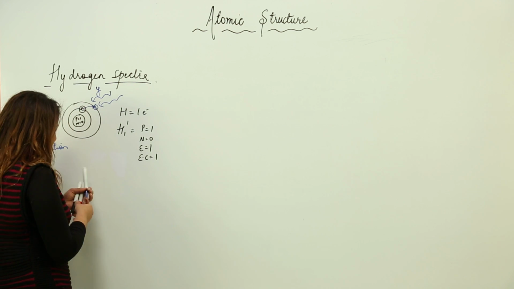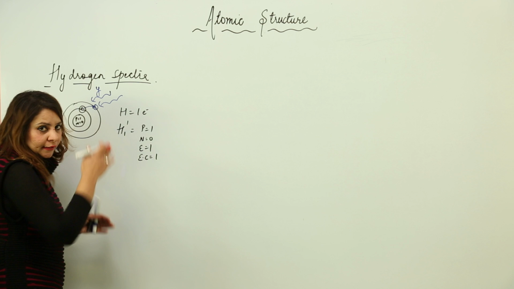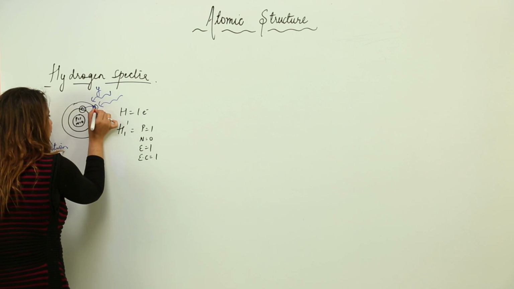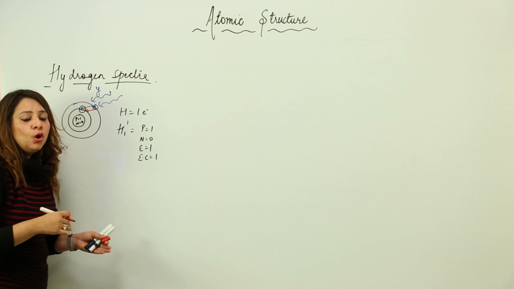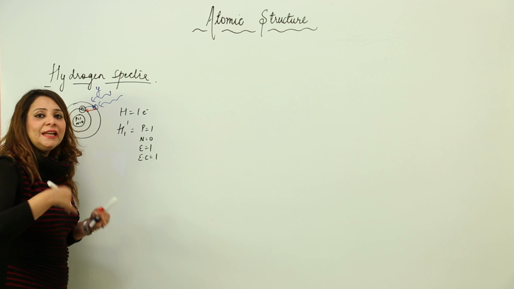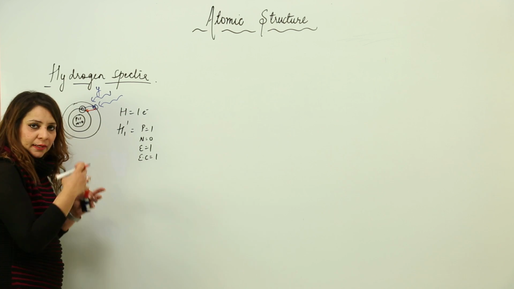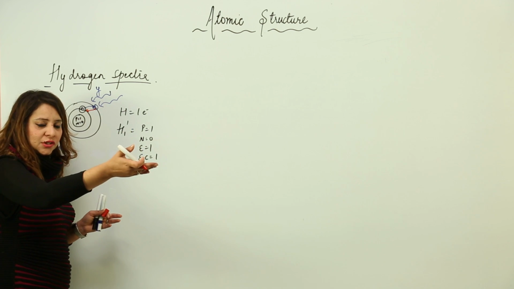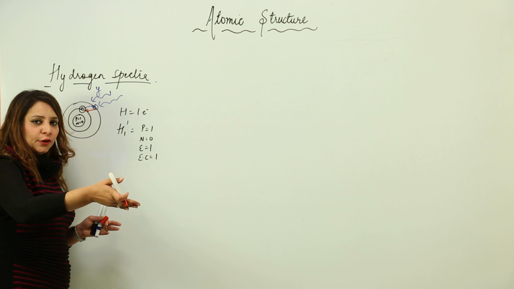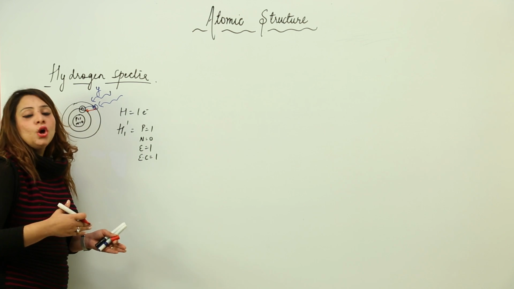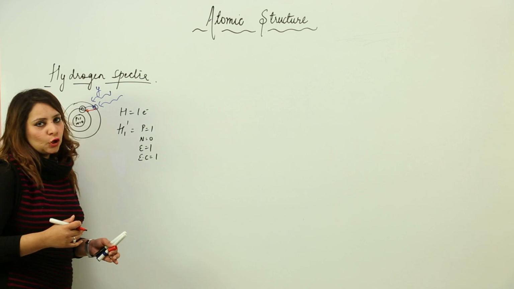Then this electron remains here for a certain span of time and then ultimately returns to its original shell, and by doing so, it just releases the energy absorbed by it.